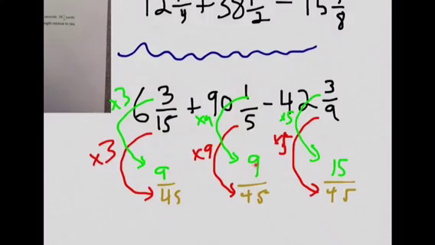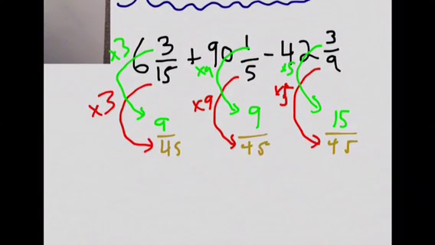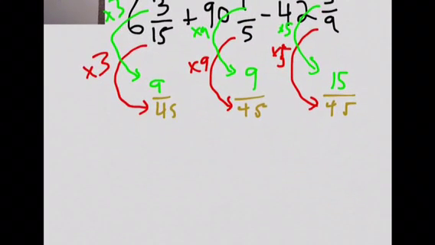Look at this, they're both 9/45. So if I just look at these here, 1 times 3 is 3, 5 times 3 is also 15. If I also went the other way, 3 divided by 3 is 1, 15 divided by 3 is 5. So there's a multitude of ways I can write different fractions, and that's what we're doing here.